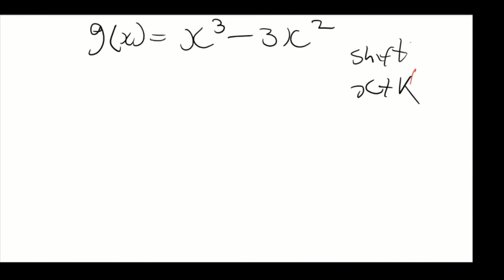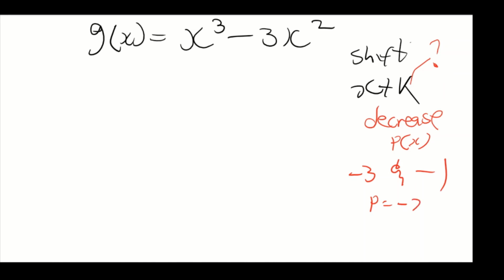We are told that there's a decrease of p of x, and it lies between minus 3 and minus 1. So the decrease lies between these 2 points, meaning that if we were to take a point, it's going to be minus 2, because minus 2 lies between minus 3 and minus 1. Please take note of this. We're going to comment on it later.